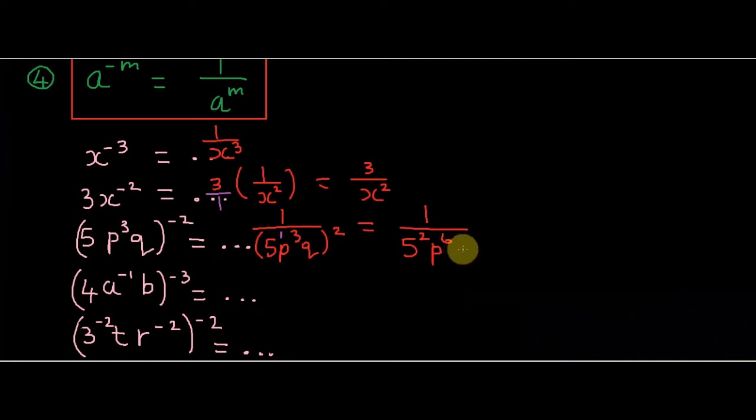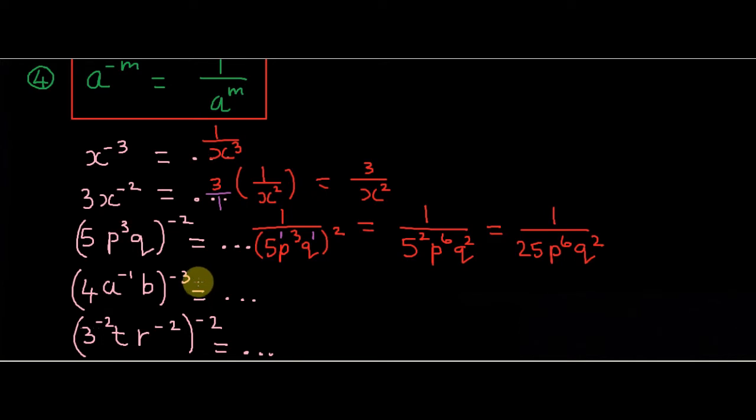So it's p to the 6. And of course, there's a 1 here with a q that we don't write. So 1 times 2 is 2. So q squared. And then we always simplify as far as we can. 5 squared is 25. p to the 6th q squared.